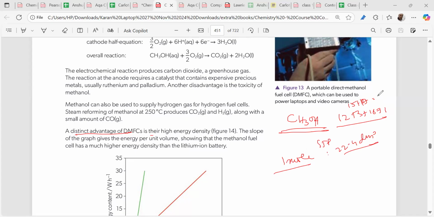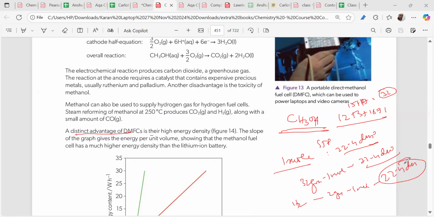It is 32. So 32 grams is 1 mole, and that occupies 22.4 decimeter cube. But hydrogen is 2 grams for 1 mole, and that occupies a huge 22.4 decimeter cube. So another distinct advantage of this is what?